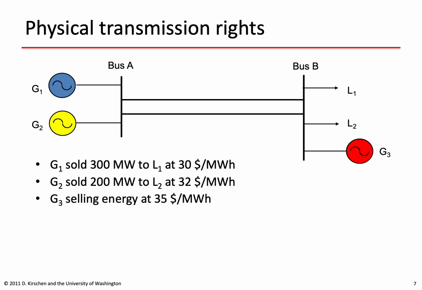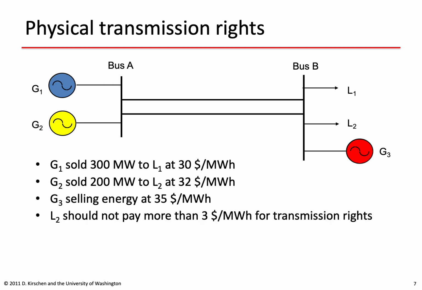Now let's suppose that generator 3, which happens to be located at bus B, is willing to sell energy at $35 per megawatt hour. Since generator 3 is connected to the same bus as loads L1 and L2, if they buy from generator 3, they would not have to purchase the physical right to use the transmission network.